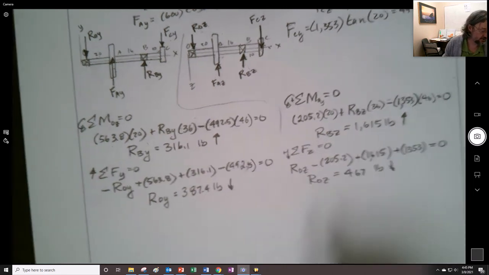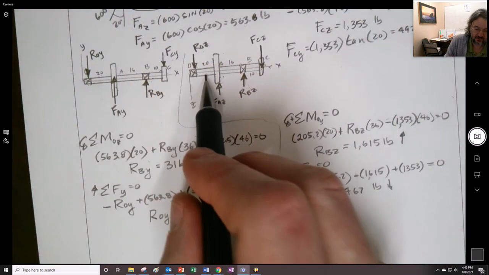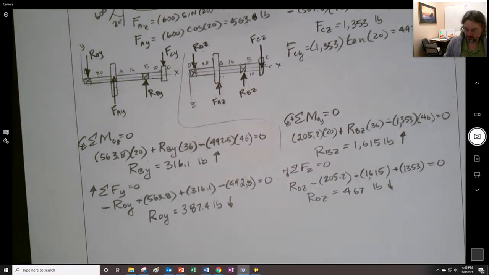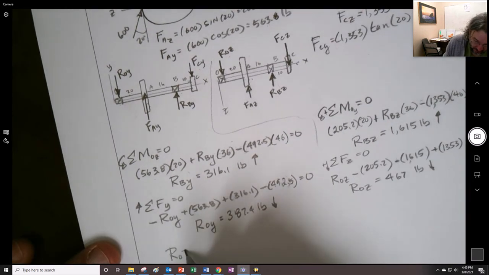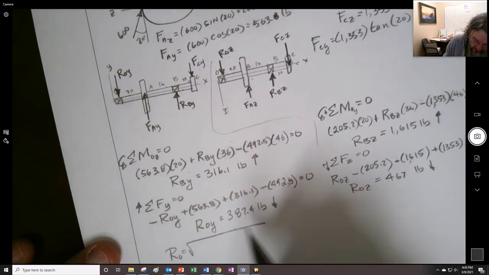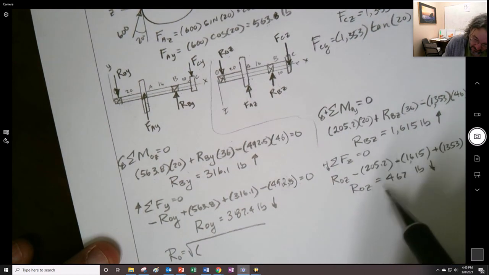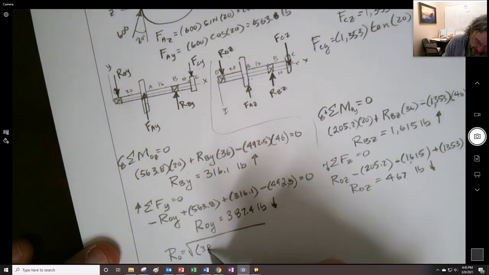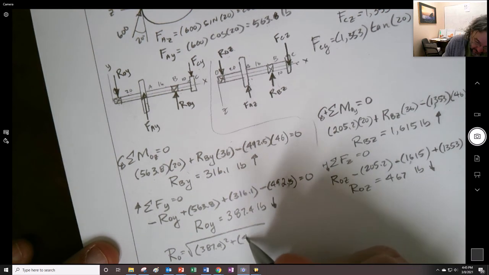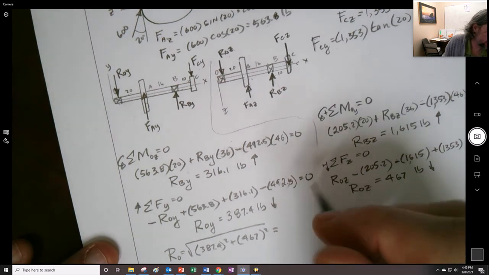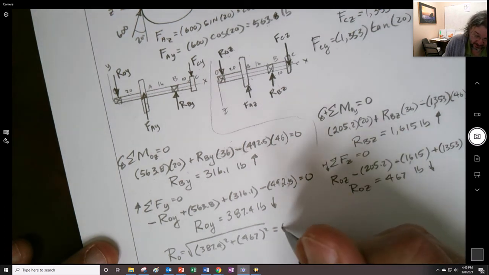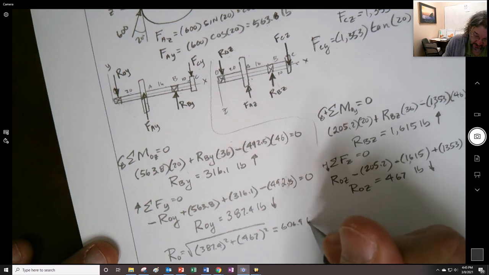So now what we want to do is find out what the magnitudes of each of these forces is going to be. Okay. So let's figure out what RO is going to be: the square root of 387.4 squared plus 467 squared, and I get 606.9 pounds.